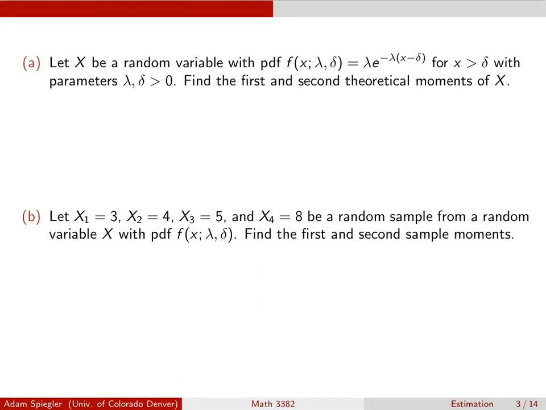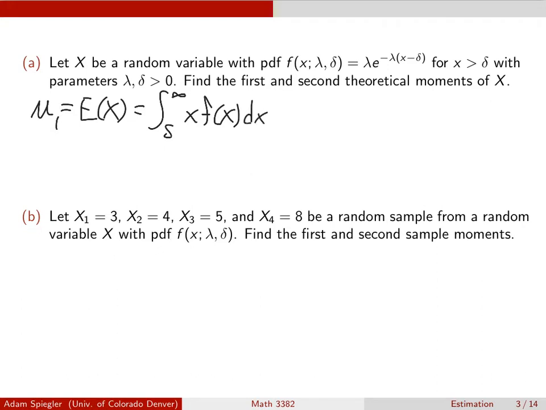And so to find the first theoretical moment, that's mu, or now we could denote it with mu sub 1, we're going to find the expected value of x to the first power. So that means if we're dealing with a continuous random variable, we're going to integrate from delta up to infinity x times f of x.